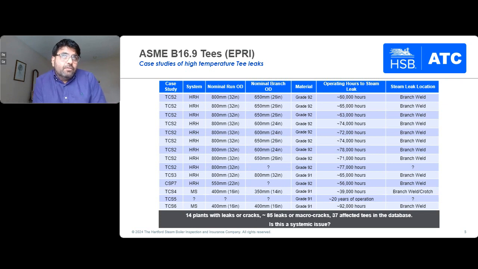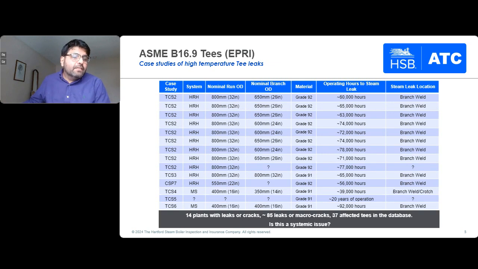EPRI is looking into a host of different things in detail, like the design conditions for these Ts, the location of failures, and the hours that these Ts are failing, which is, again, an interesting observation when you look at the operating hours. They're not even reaching 100,000 hours, which is typically one third of the boiler life if everything is in an ideal situation.